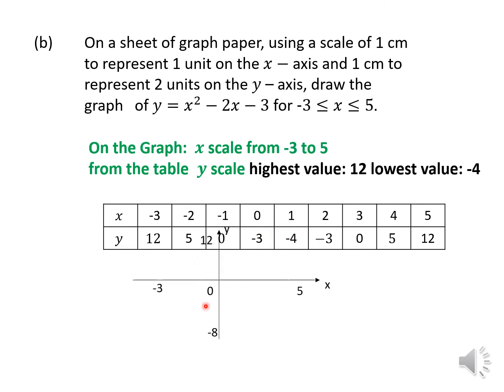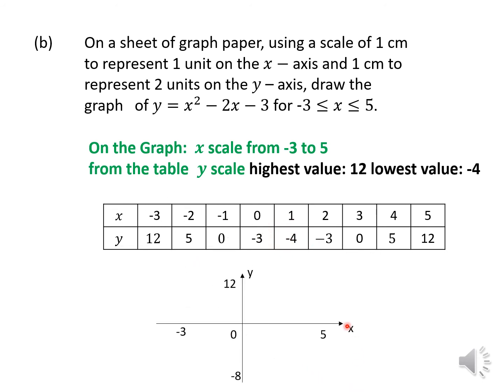So I expect something in this particular form. You need to have an understanding of how your graph will look before you just start plotting or drawing. Have that idea, and then take out your graph paper and start plotting with the correct scales, of course.